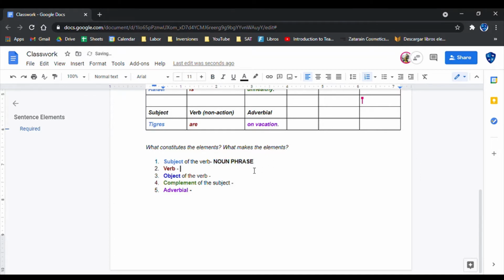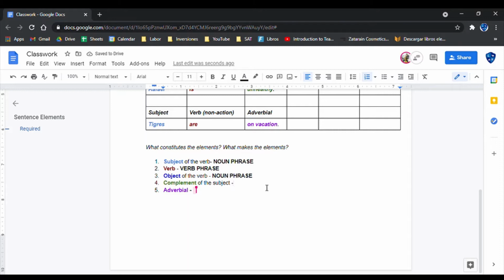Similarly, a verb must be a verb phrase. Subject has a noun phrase. Verb has a verb phrase. The object, something has to receive it, so again it has to be a noun phrase.